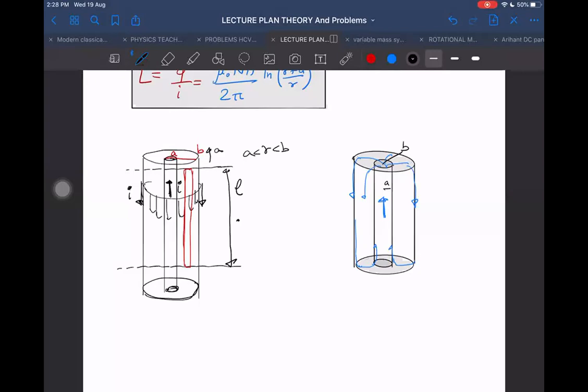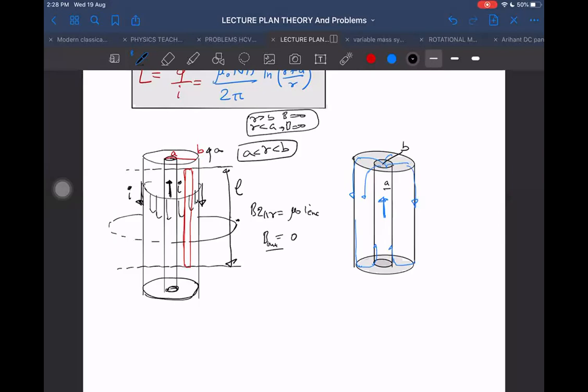Because outside, by Ampere's circuital law, B into 2 pi r is equal to mu naught into net current enclosed, and the net current enclosed is going up and coming down, becoming zero. So B outside is zero. For r less than a, B is also zero. For r greater than b, B is zero. So we are not interested in this. We are interested in a to b.